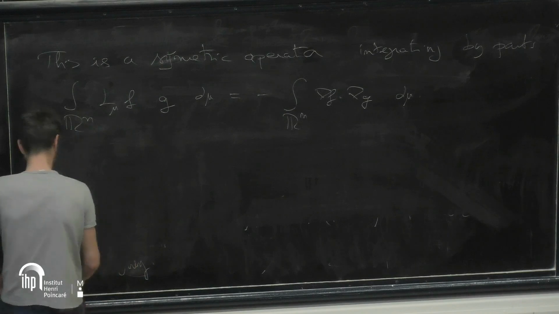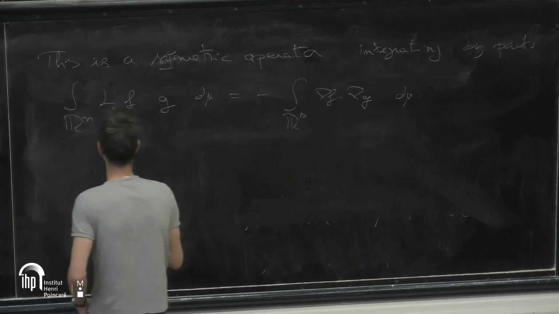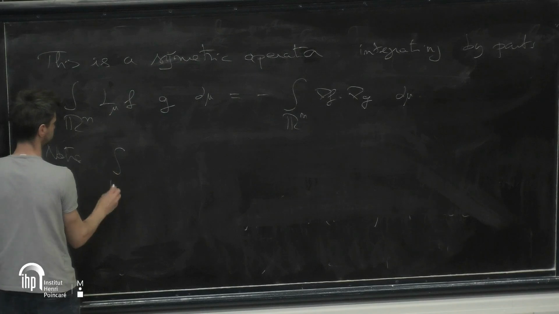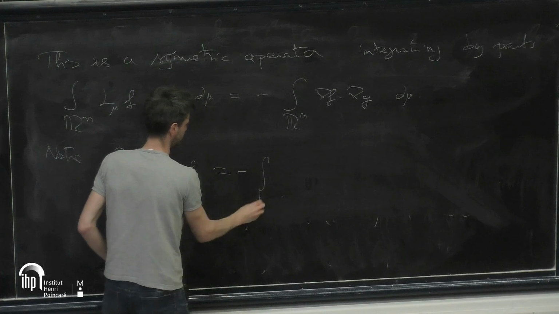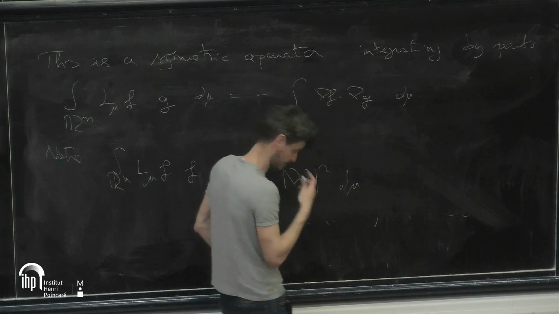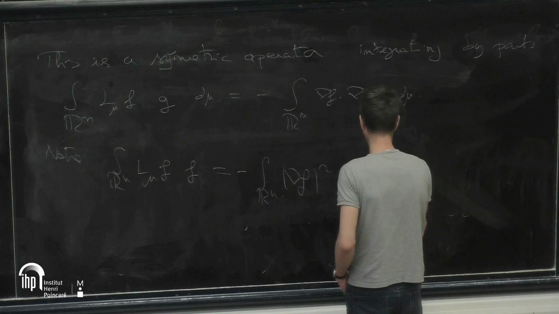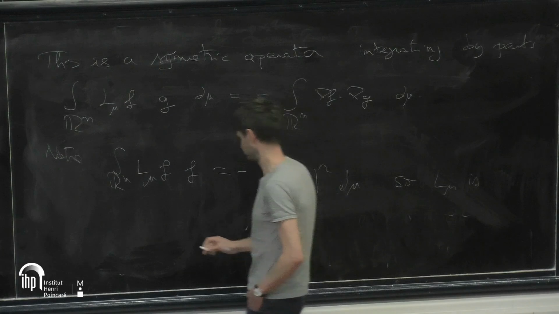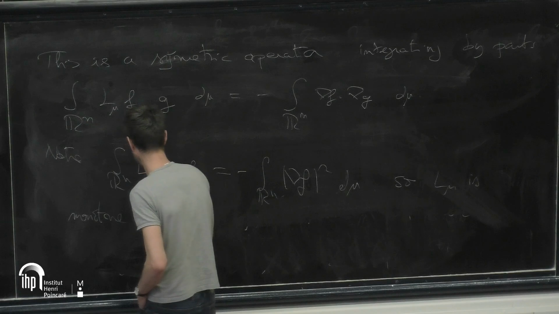Also in particular, note that it's minus. And so L_mu is monotone and negative.